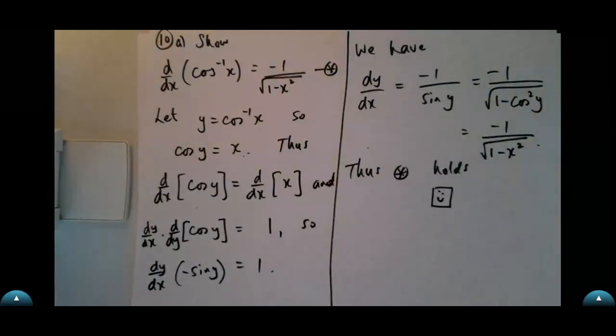And a lot of these questions are the same. If you did part B for this question, which is the derivative of tan inverse, it would be very similar, and you'd just be using something like sec squared equals 1 plus tan squared or something here.